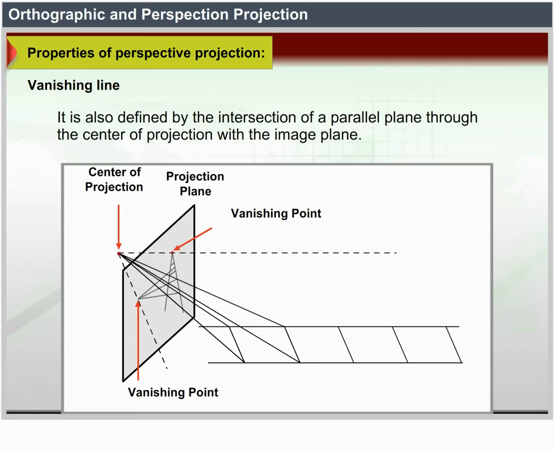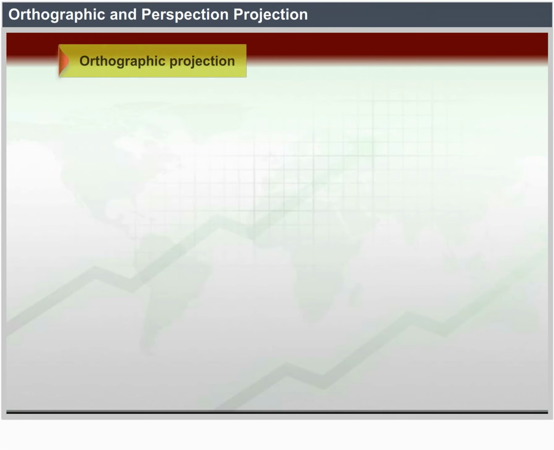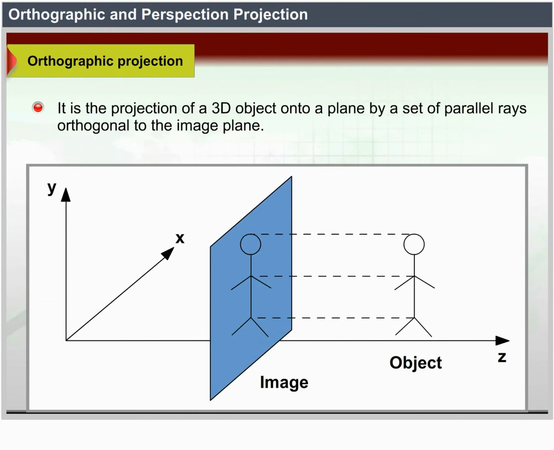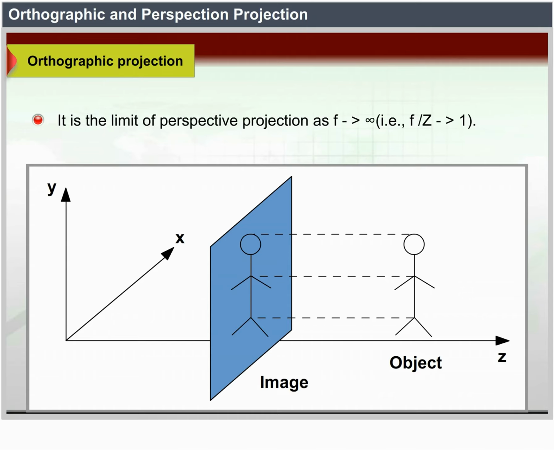Orthographic projection. It is the projection of a 3D object onto a plane by a set of parallel rays orthogonal to the image plane. It is the limit of perspective projection as f tends to infinity, that is, f by z tends to 1.